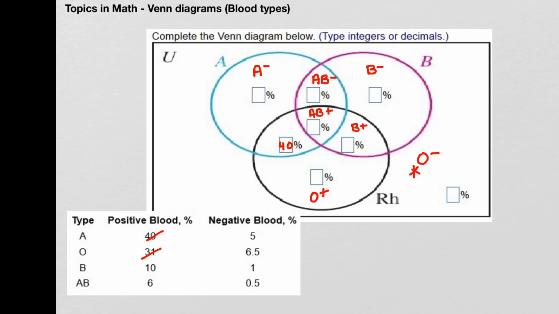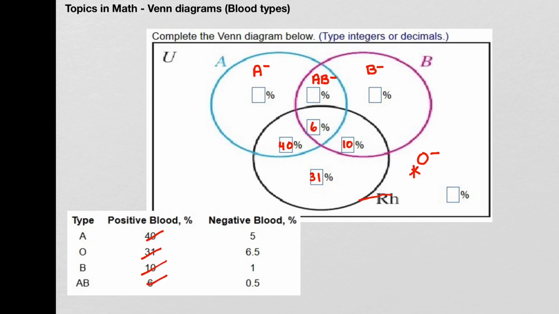O positive is 31%, and here's the O positive. And then B positive is 10%. And then we have AB positive, which is 6%.